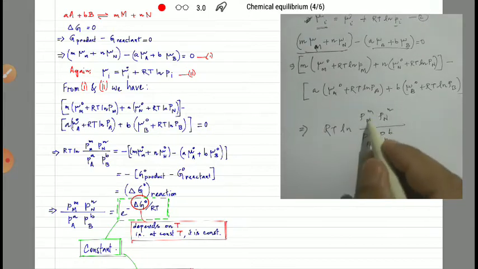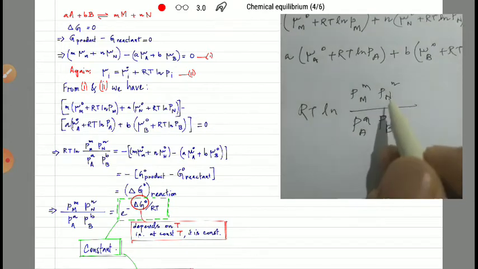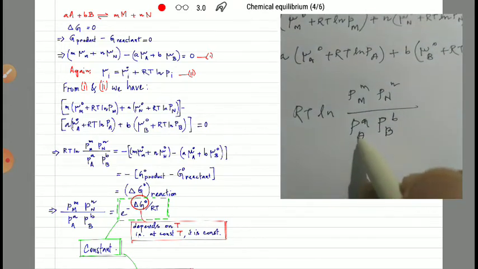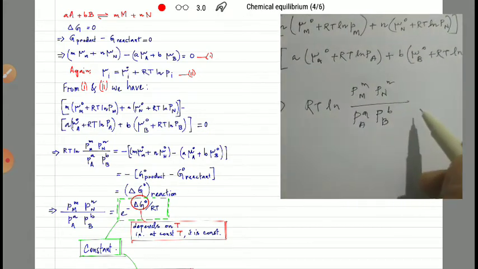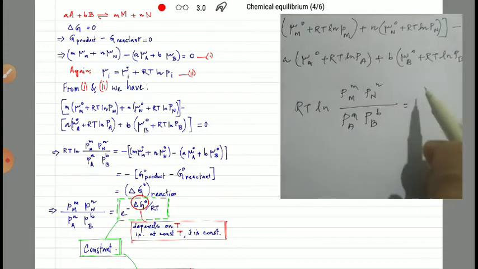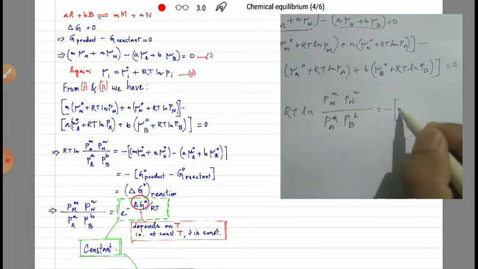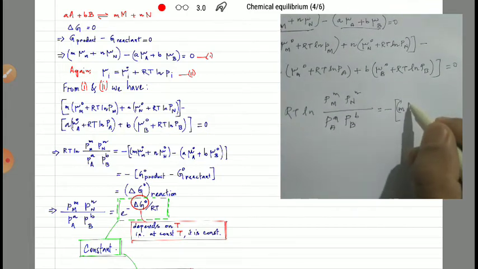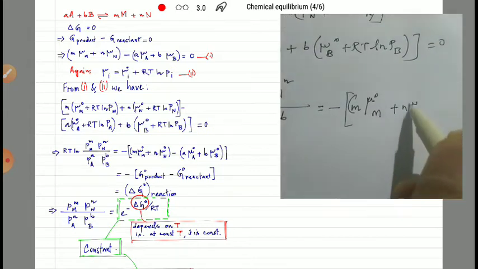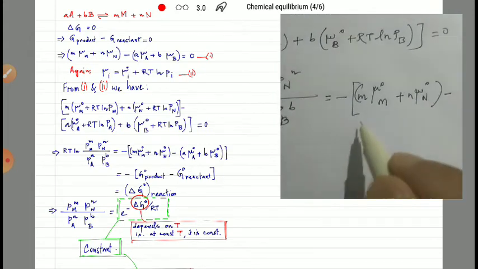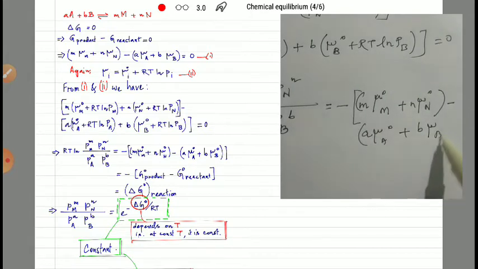This is the partial pressure for the component m, this is the partial pressure for n, this is the partial pressure for a, and this is the partial pressure for b. So RT ln of that is equal to, if you solve this one, minus (m mu_m naught plus n mu_n naught minus a mu_a naught plus b mu_b naught).